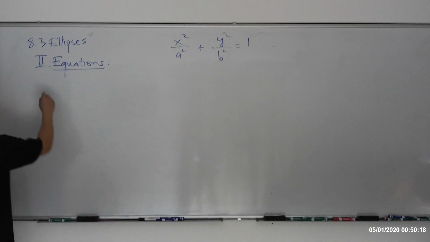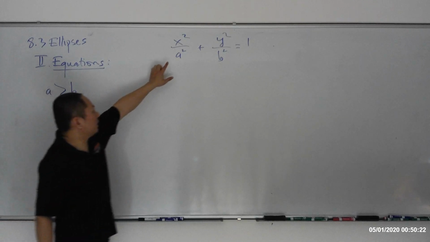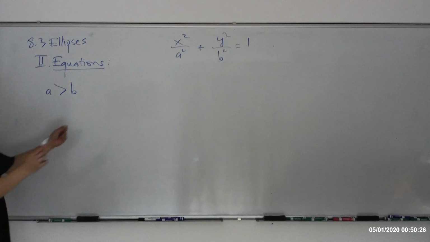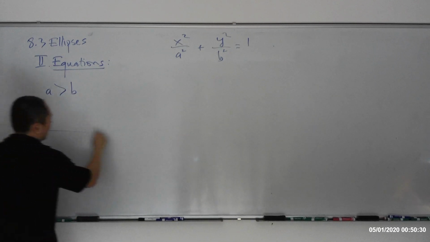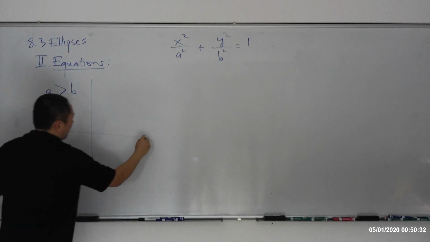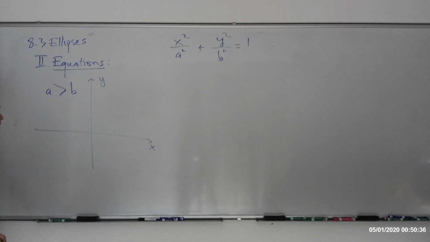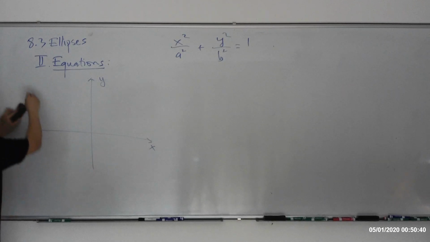The first case: if a is bigger than b, so the number associated with x is bigger than the number associated with y, in other words the x is longer than the y, then we're going to have the horizontal ellipse. x-axis right here, y-axis right here.